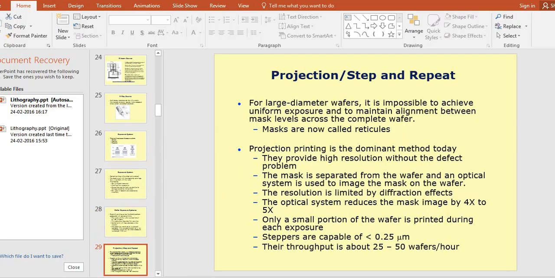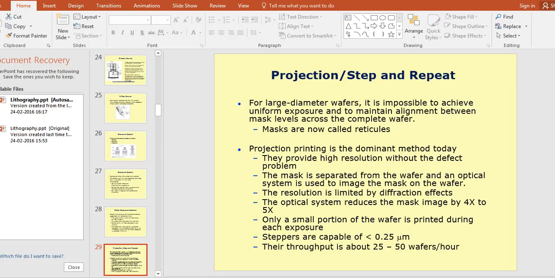If we talk about the projection, next is projection printing. In projection printing, like we have discussed earlier, we have a distance between the mask and the silicon wafer. They provide high resolution without the defect problem. The mask is separated from the wafer, and an optical system is used to image the mask on the wafer.